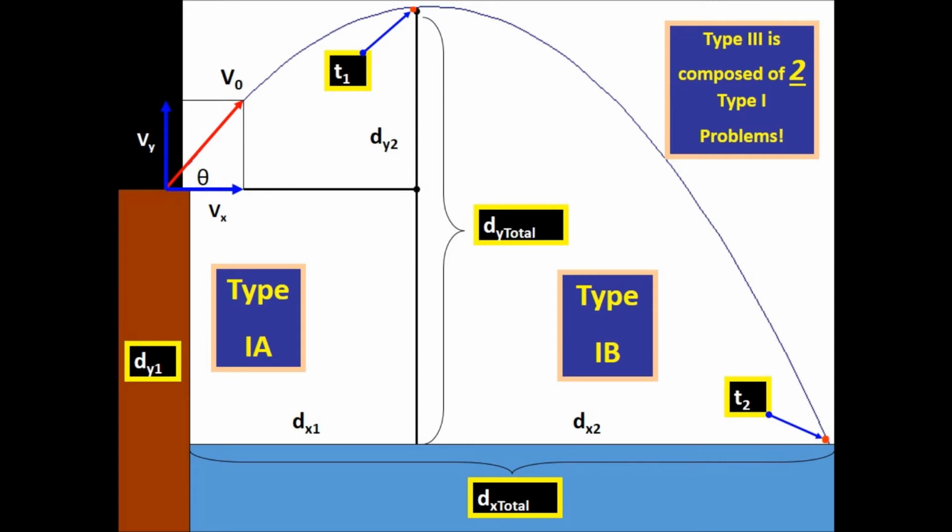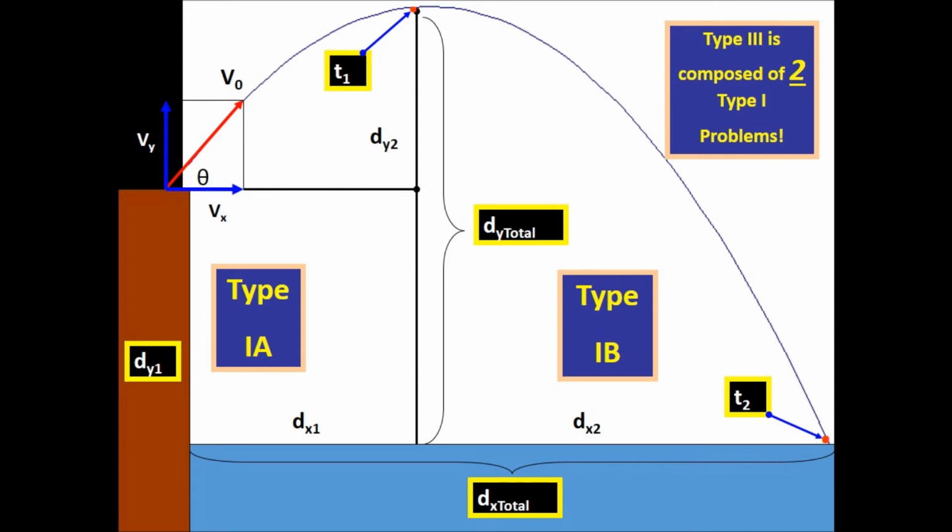If you look at type 1 and you look where T1 is and you think the reverse, that certainly looks like a type 1. And the descending value, where the projectile is going from T1 to T2, is clearly type 1.